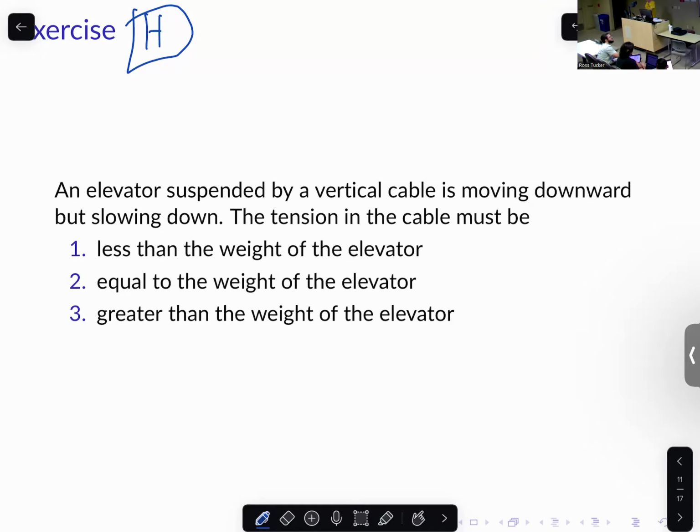I feel like it's the pulley system, right? Something like that. So it should have less, and then the way, no. It slows down. These are not third law pairs.